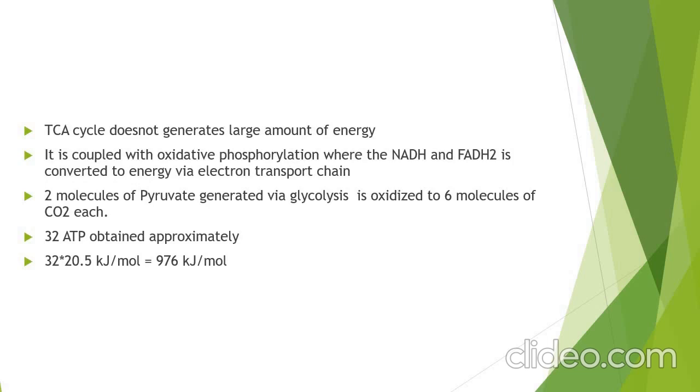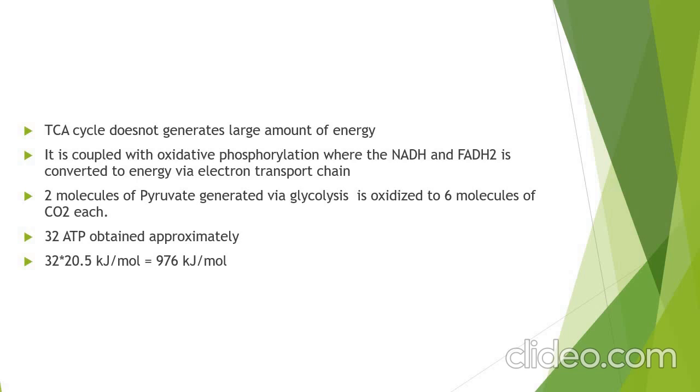Whenever there is a deficiency of the intermediates required for the TCA cycle, they can be supplied from some other pathway. And this TCA cycle does not generate a large amount of energy as such, but when this pathway is coupled with oxidative phosphorylation, it generates more ATP. As a result of oxidative phosphorylation, 2 molecules of pyruvate formed through glycolysis get converted to 6 molecules of carbon dioxide, which ultimately yields approximately 32 ATP.